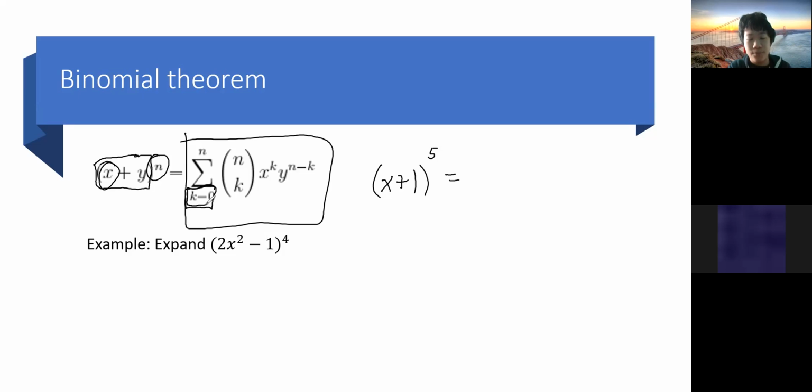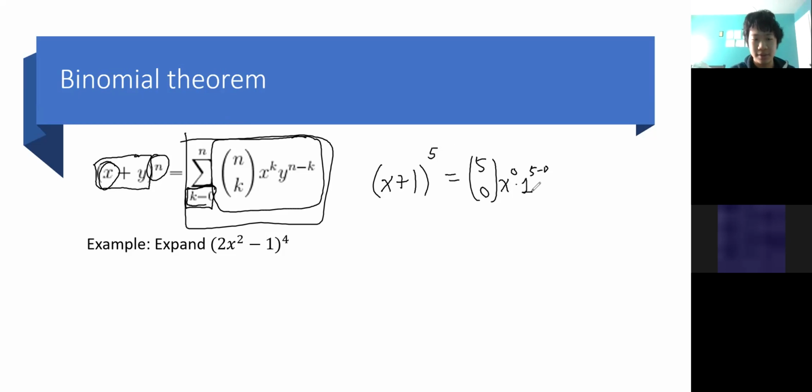The first term of this sum, if k equals 0, is n choose k, times x to the k, x to the 0, times y to the n minus k, 5 minus 0. Y is 1, right? Remember, I set that as 1.